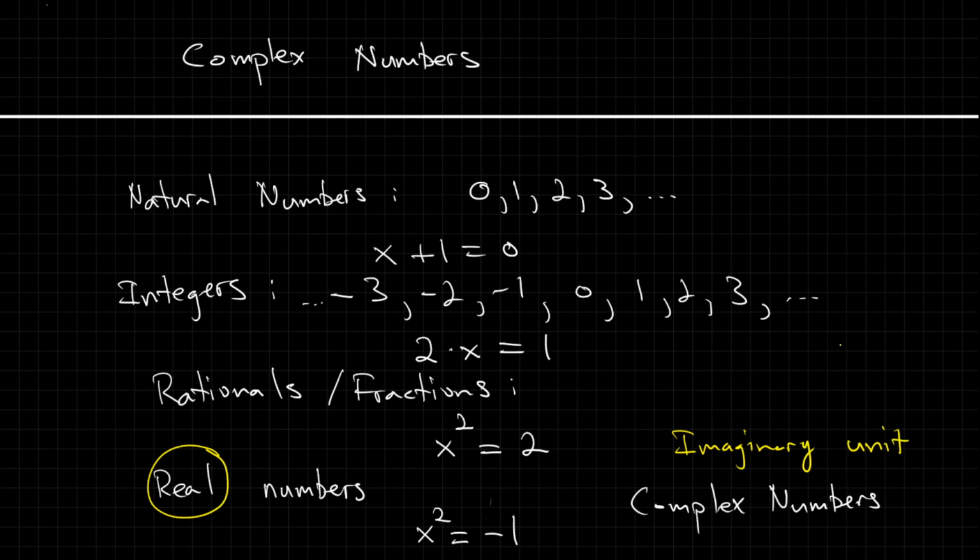And while the reality is that real numbers do have, I would say, more applications, there are applications for complex numbers as well. So don't let the naming of these types of numbers lead you to the conclusion that they're not important in the world of mathematics or science in general.